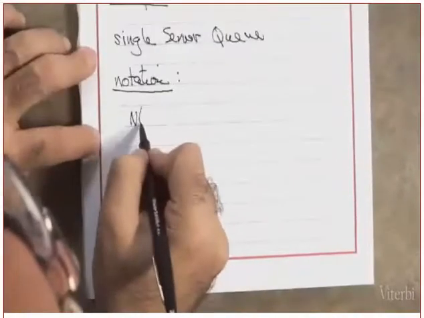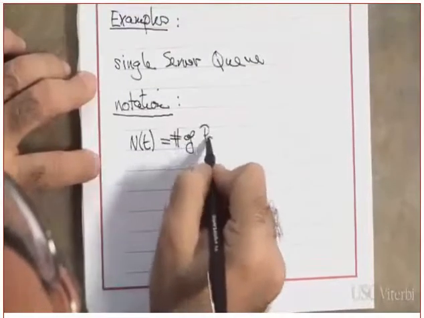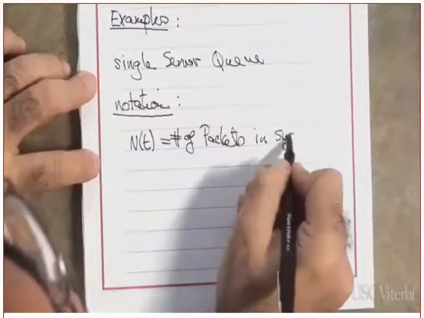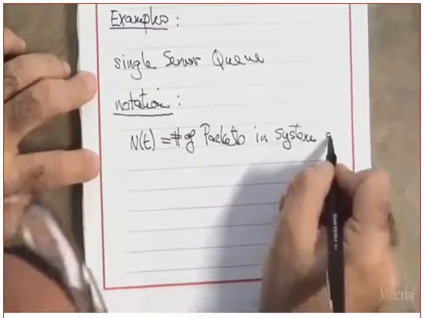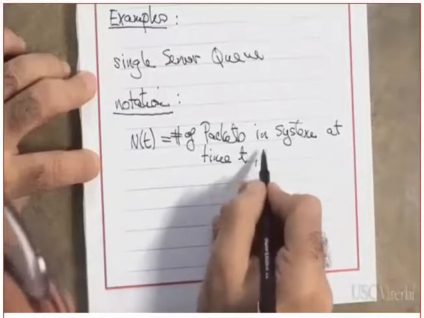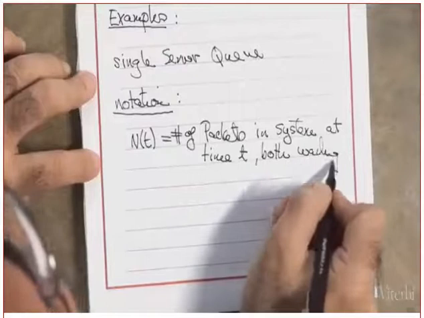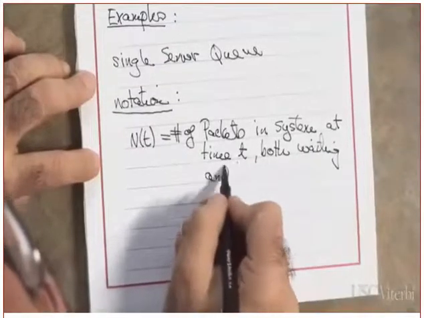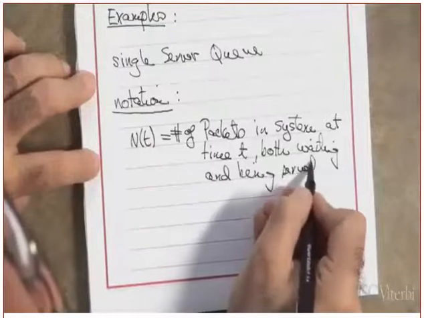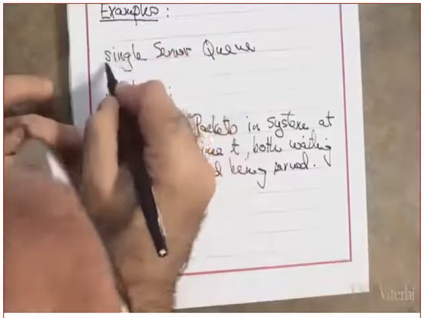N of t, the number of packets in the system at time t, both waiting and being served. This is a single server case.